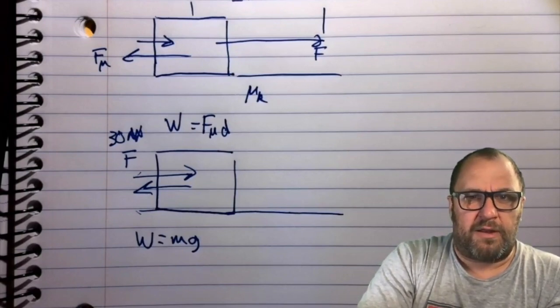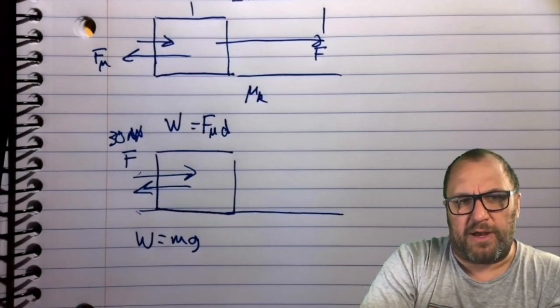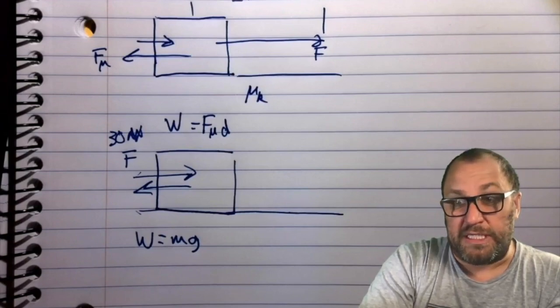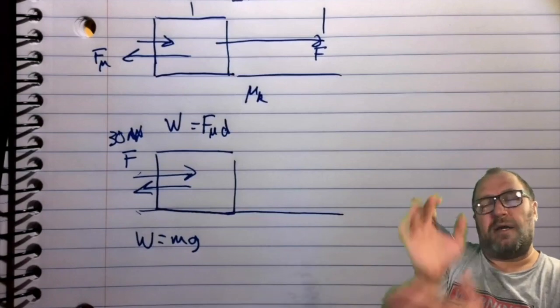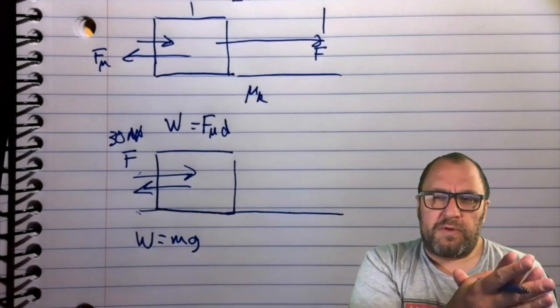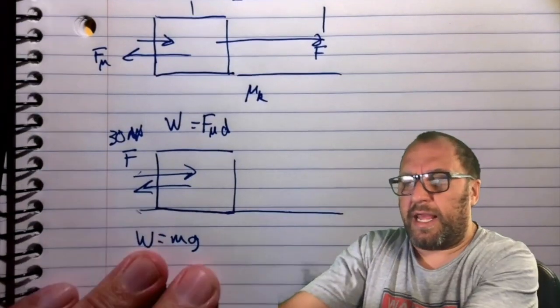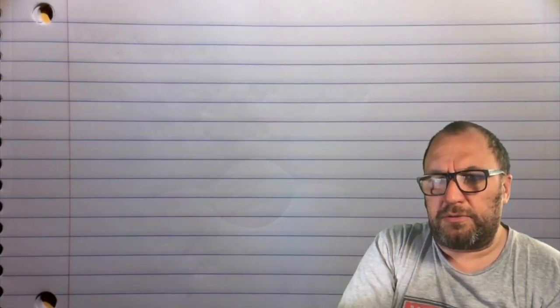Okay. Then, of course, we talked about potential energy. Okay, so there is a conversion that happens between potential and kinetic energy. Okay, so let's say I throw a particle.